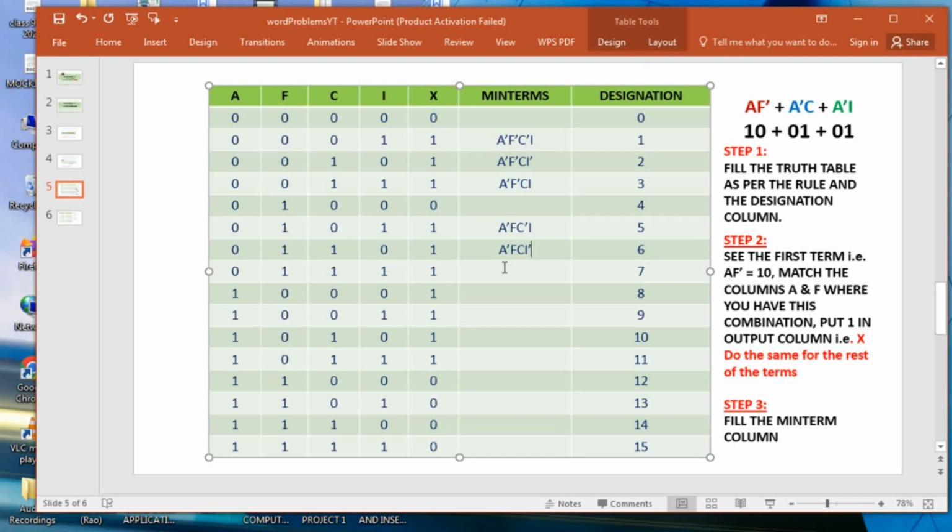Here you also have to fill it up. It would be what? A complemented, and the rest 3 they are normal, that is F, C, I, right? Now here also you have A is normal, and then 0, 0, 0, all are complemented.